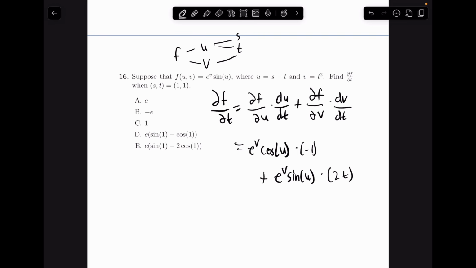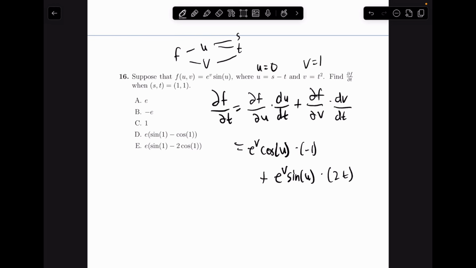Okay, and notice we have t and u in here, so we should probably clean that up. Well, we know s and t are both 1, so we can pretty easily find our u. So u is going to be equal to 0, and then v is going to be equal to 1.